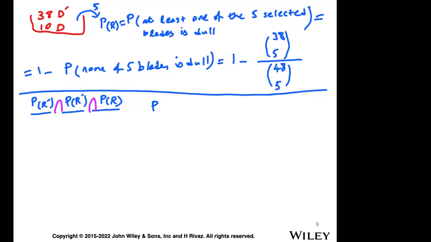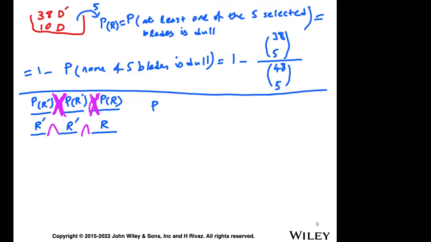So what I should have written instead was R prime, R prime, R, right? And then I should have written up here that since these are independent, I'm going to multiply these by each other, right? So now my notation is correct.